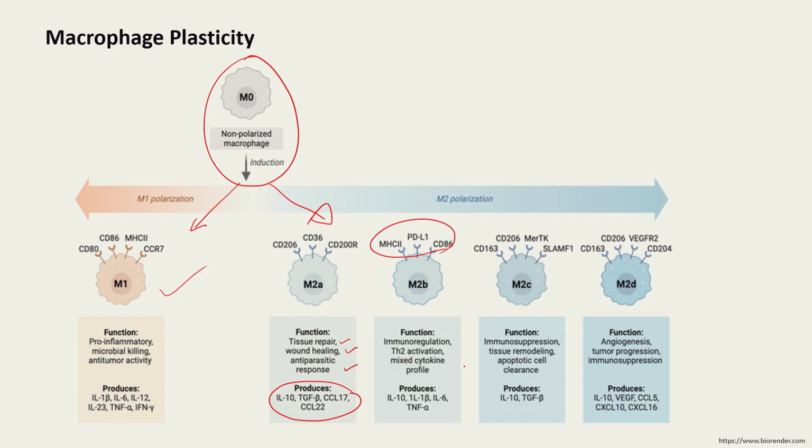The functions are different, for example immunoregulation, Th2 activation, a mixed cytokine profile, and also the production of an entirely different set of cytokines altogether. So the cell-specific phenotype largely determines functionality based on what kind of cytokines they are producing and what kind of proteins they are secreting into the environment, so that they create a different kind of gradient altogether.